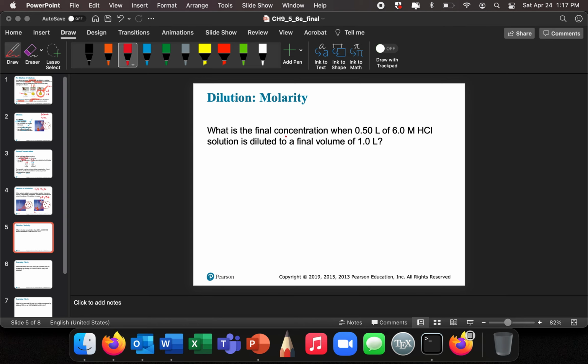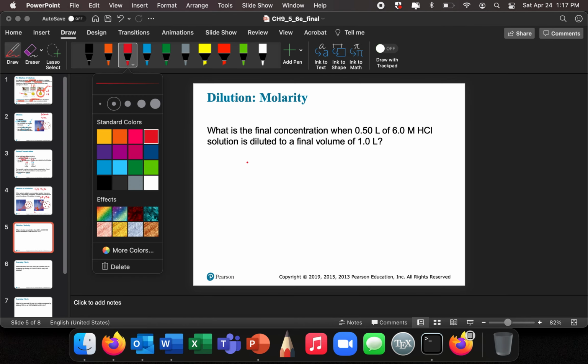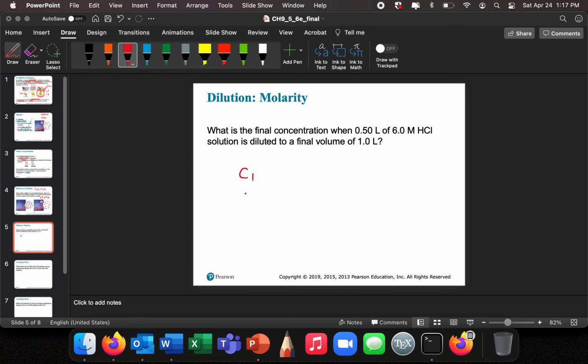All right, so what is the final concentration? What I'm asked here is, what is the final concentration? C2. What's the final concentration when 0.5 liters, which looks like the initial volume, of 6.0 molar HCl is diluted to a final volume of 1 liter?